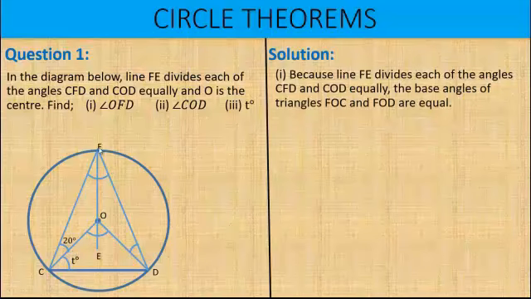Because line FE divides the angle at the circumference, that is angle CFD, into two equal parts, and at the same time divides angle COD into two equal parts, we can say that for triangle FOC and triangle FOD, their bases are equal.